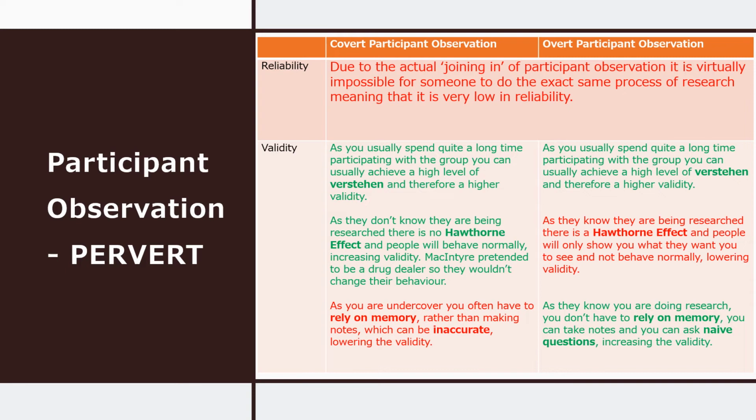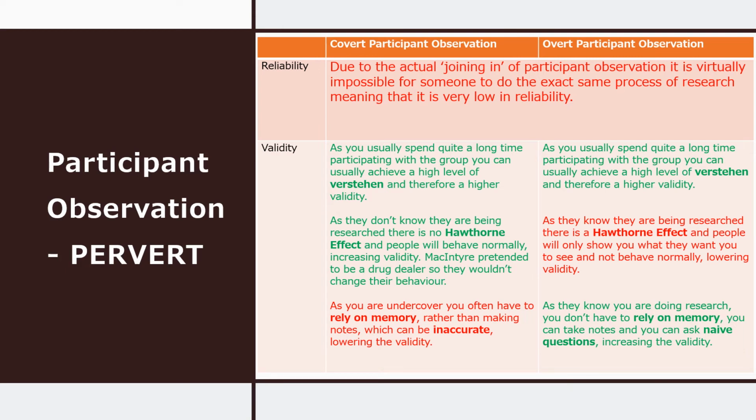Now, when it comes to overt, we've got some of the opposites here. They kind of pair up again. You are spending a long time, you get a high level of insight, the Verstehen is there. So in terms of that one, it's the same for covert and overt. But with overt, they know they're being researched. They know they're being watched by an outsider. And that means there's the Hawthorne effect.